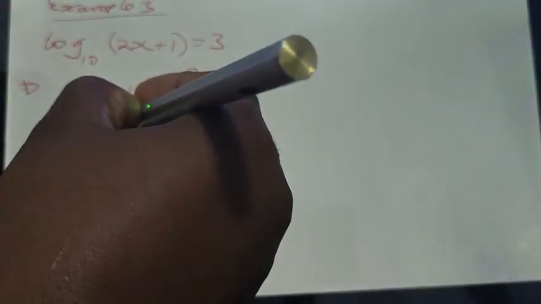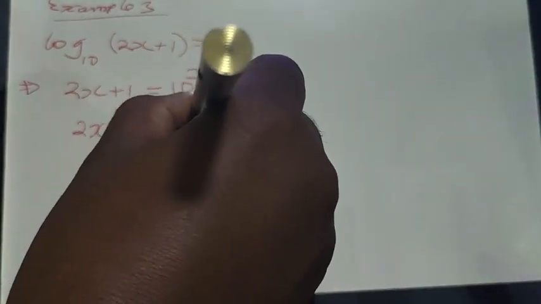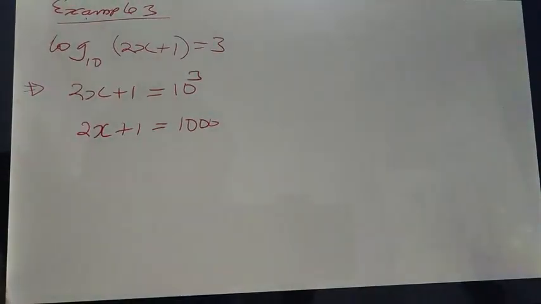So, already in a simplified form, we are just going to change this one to an exponential equation. So, we have 2x plus 1 is equal to 10 to the power 3, which means 2x plus 1 is equal to 1000. So 2x will be equal to 1000 minus 1 when 1 goes to the other side.